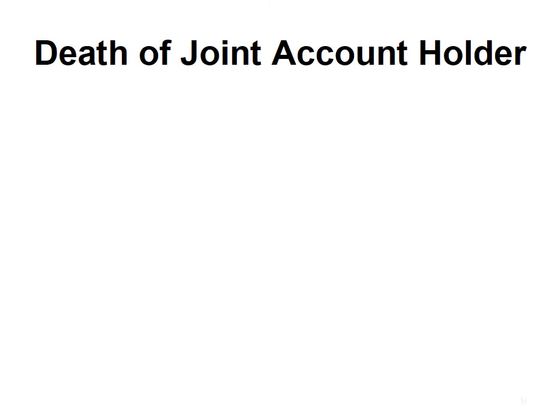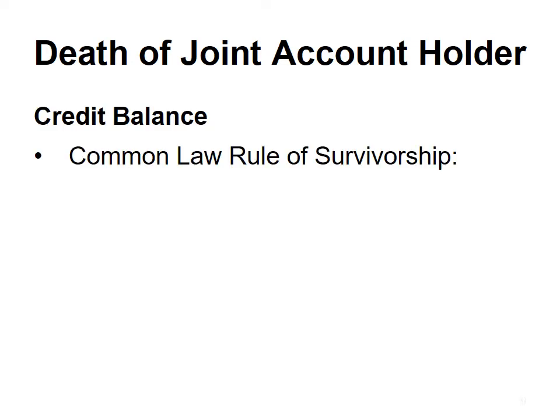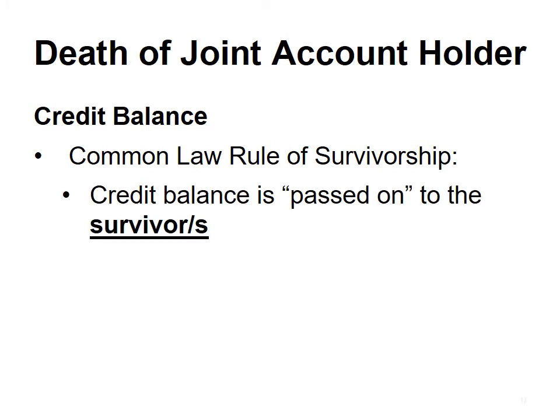Next, we look at the situation concerning the death of a joint account holder. If there's a credit balance, the common law rule of survivorship applies. It means the remaining credit balance is passed on to the survivors.